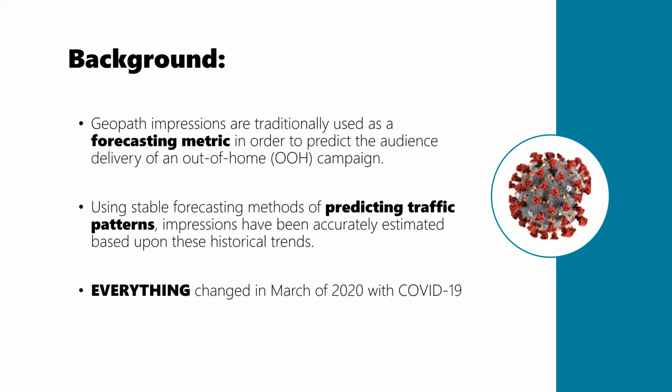This allows us to have impressions that are accurately estimated, based on historical trends. But that said, everything changed in March of 2020 with COVID-19. That is the impetus for the products that we've just put out recently.